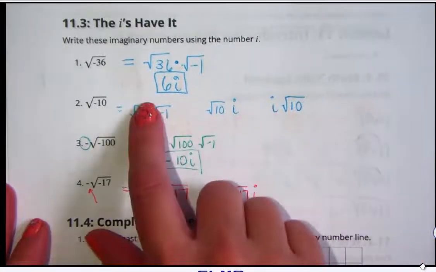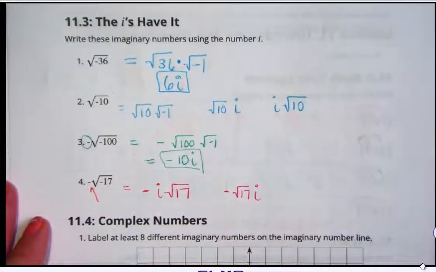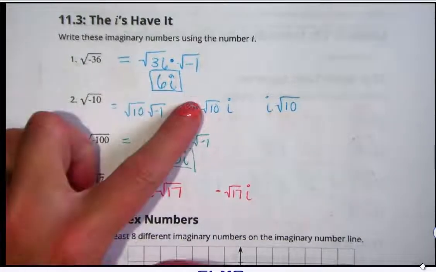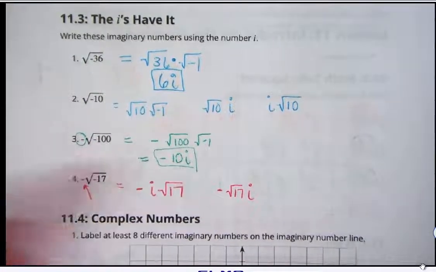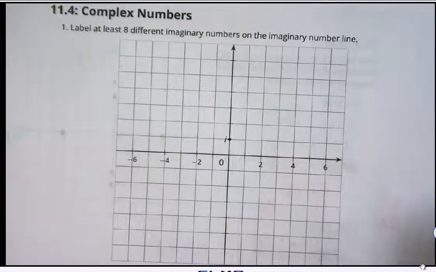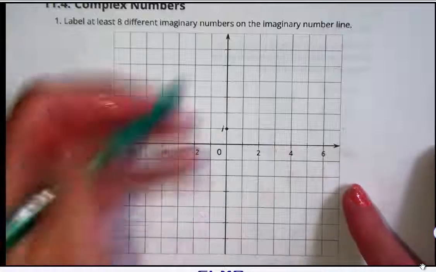So we can rewrite these numbers using i, noticing that we're starting with positive or negative radicals and sticking with our same rule: if it's a positive radical, we'll have a positive answer, a negative radical, a negative answer. Now, 11.4 just asks you to label 8 different imaginary numbers on the imaginary number line. Look, there's i.